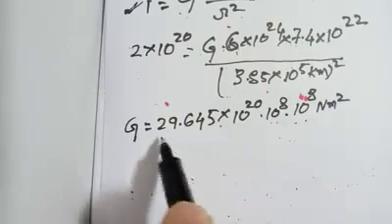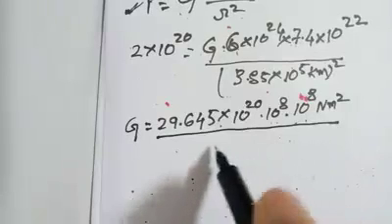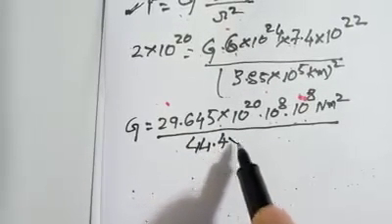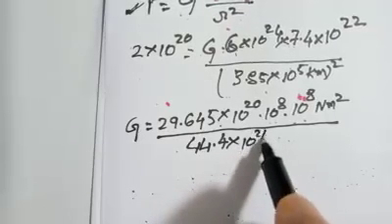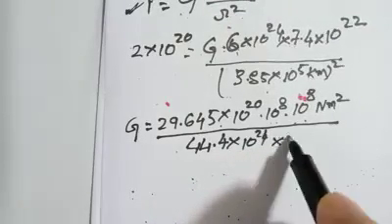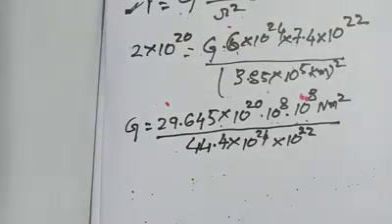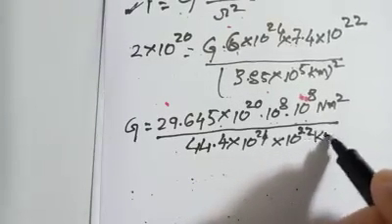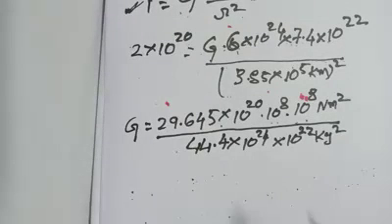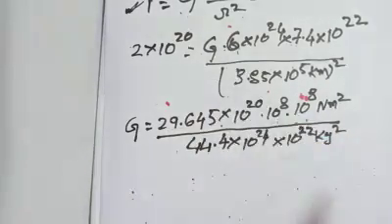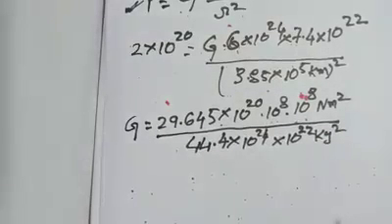For the time being, let me write this one, whole divided by 44.4 multiplied by 10 to the power 24 multiplied by 10 to the power 22 kilogram squared, right? So we do this, and it yields to this.